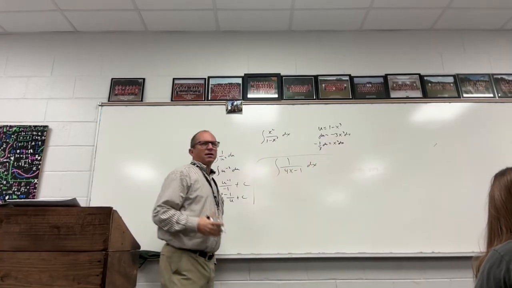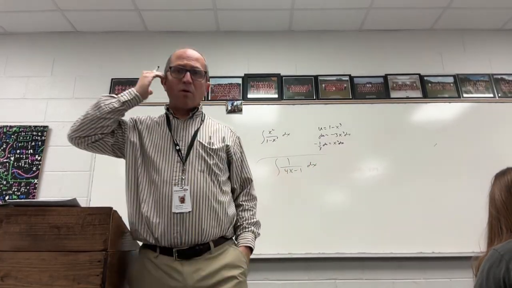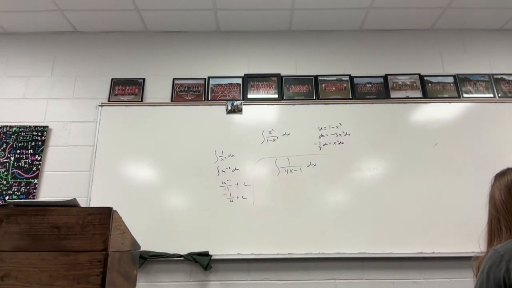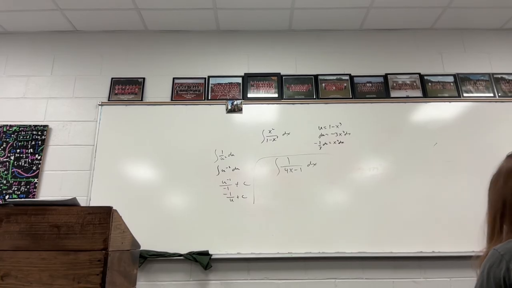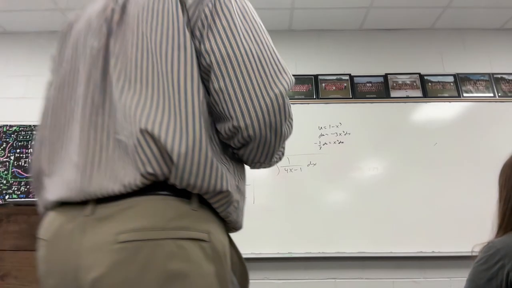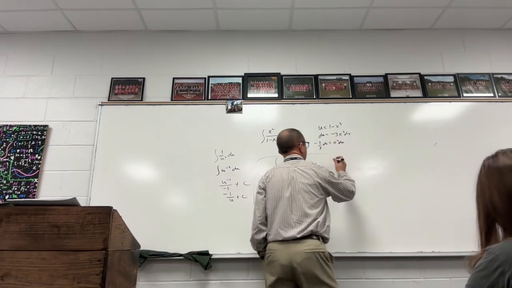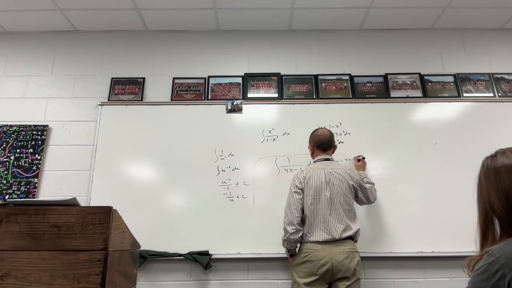So, again, this is in the form of 1 over something to the first power, right? So that's what I'm going to look at as far as my u substitution is concerned. What will I let u equal in this case? Yeah. So u is going to be 4x minus 1.